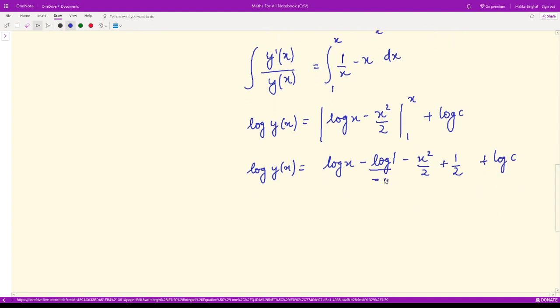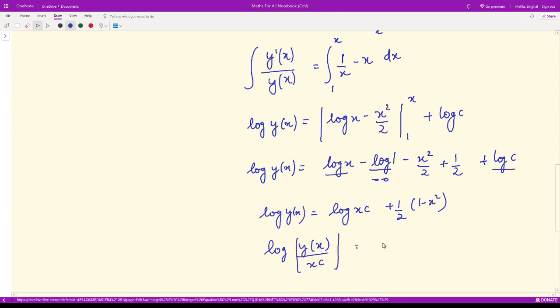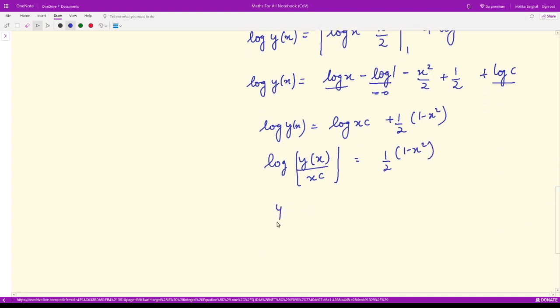So this term is 0, right? Here I'm taking this term and this term together, so this would give me log of x into c, and here I have plus 1 by 2 into 1 minus x square. So this would give us log of y of x divided by xc equal to 1 by 2 into 1 minus x square. So ultimately it would be y of x equal to cx into e to the power 1 by 2 into 1 minus x square.